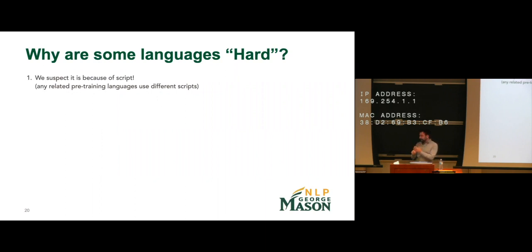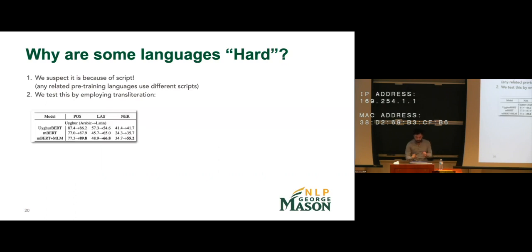So for all of the languages where that thing happened, as in the static embeddings were better, or maybe the monolingual model was better than the multilingual one, where we might have had related languages during pre-training, but they were using different scripts. Okay, so we did test this by employing transliteration.